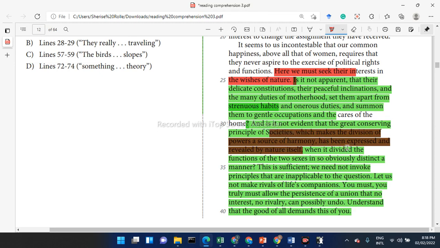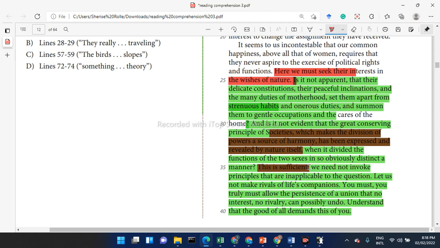He said, when it is divided, the function of the two sexes in so obviously a distinct manner, this is sufficient. He's saying that nature telling us, that's all we need to know. We don't need to analyze this thing any further. This is sufficient. Like, let's stop talking about this. Nature already tells us what men are supposed to do and what women are supposed to do.